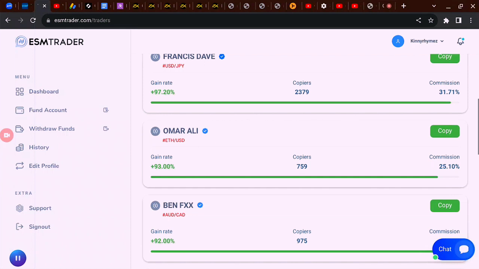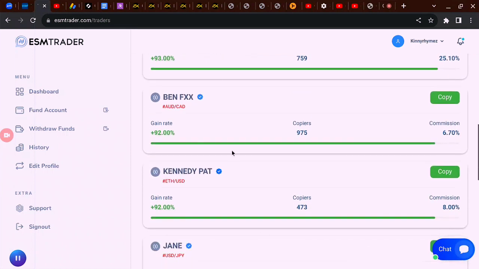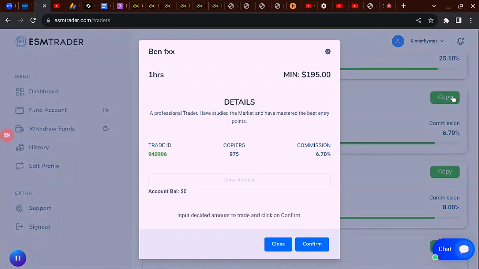We have a lot of people over here, and this one too. You click on copy. This person needs a minimum of $195, and within 1 hour you will get your commission, which is 6.70%. Right now this person has done trades with almost 975 people. Have you seen it?